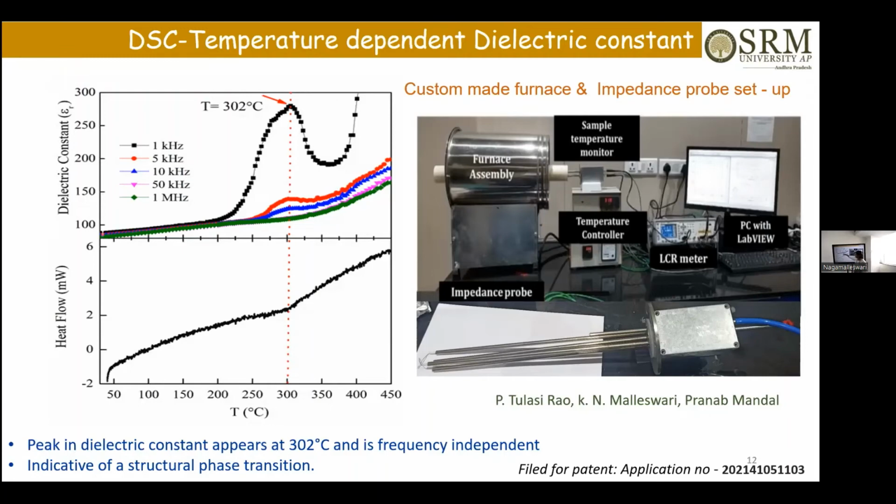As we can see from the graph of dielectric constant versus temperature, a high peak shows at 302 degrees centigrade. The high peak indicates a phase transition. In the second panel, heat flow versus temperature, a small bending peak also indicates a phase transition.